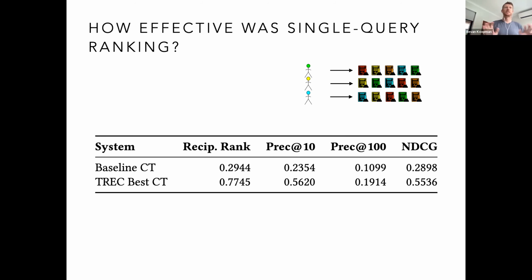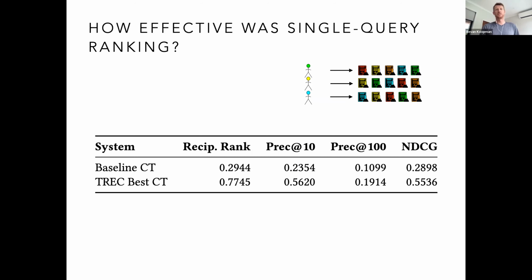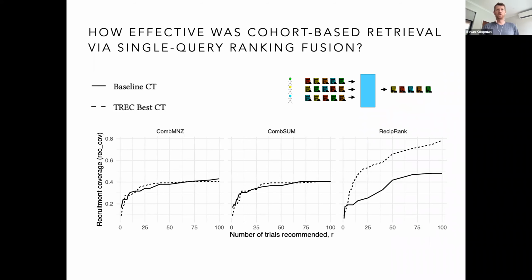On the y-axis is our recruitment coverage, and on the x-axis is the rank cutoff, so the number of trials that you could recommend. And what we see is for the score-based fusion methods, no real difference between these 2 initial rankings. Even though there's a big difference in the individual query results, when the fusion is done, you're not really seeing much difference.